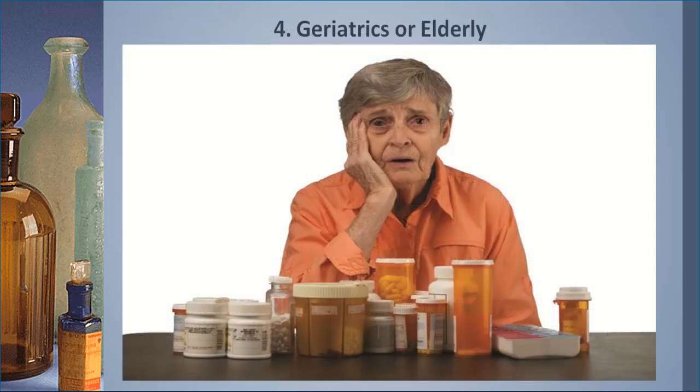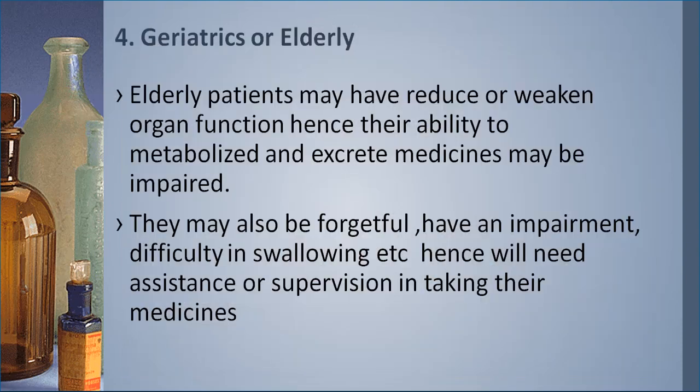Another group of people we should be concerned with and take a lot of precautions for is the elderly patients. We call them the geriatrics. A lot of them take a lot of medicine because as we grow, we may have a lot of conditions, and we should be careful when we are dispensing medication to them. Elderly patients may have reduced or weakened organ function, like their liver, their kidneys, their hearts, as everything is growing old.